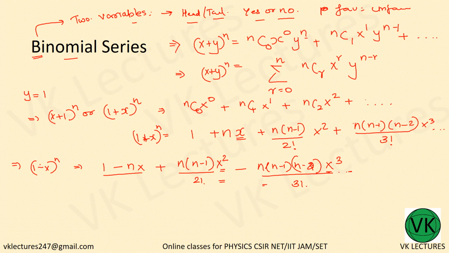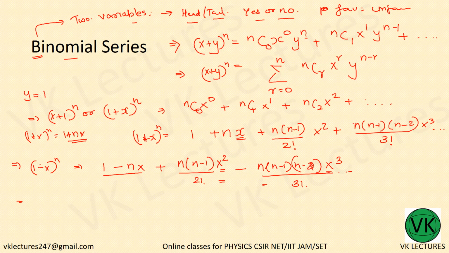That's why we write (1 plus x) whole to the power n as 1 plus nx sometimes while solving problems based on this order. You write it even in electromagnetic theory or special relativity, (1 minus x) whole to the power n as 1 minus nx.